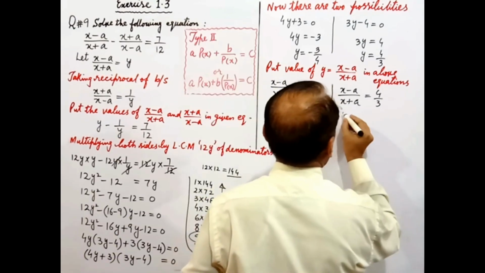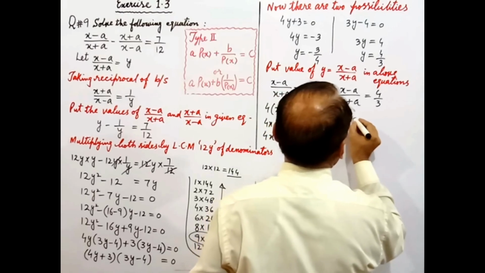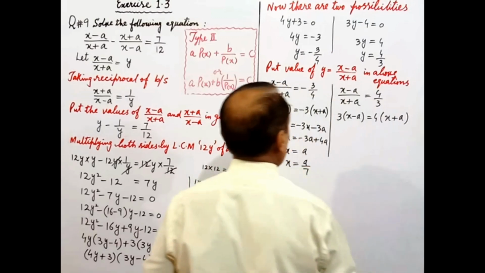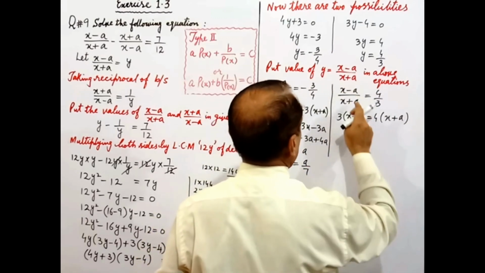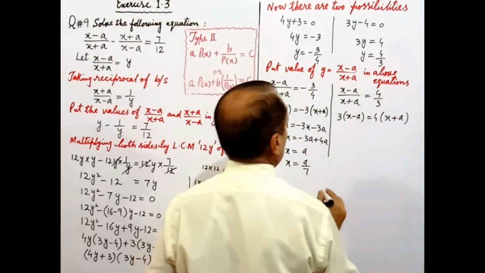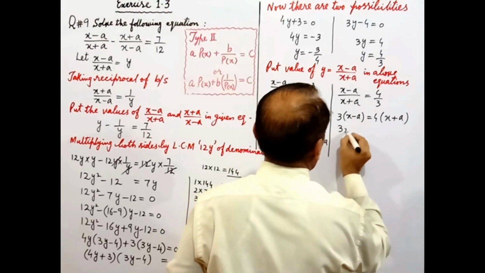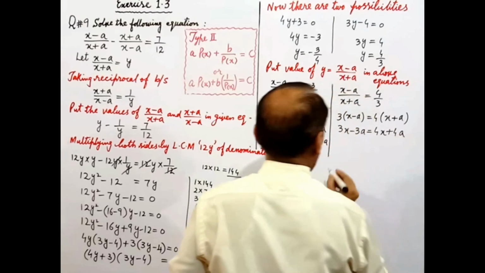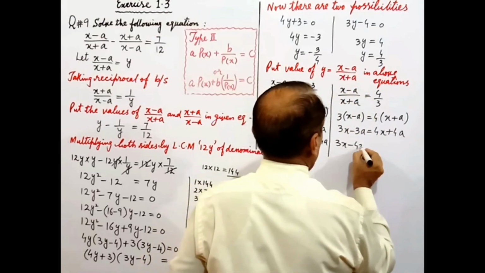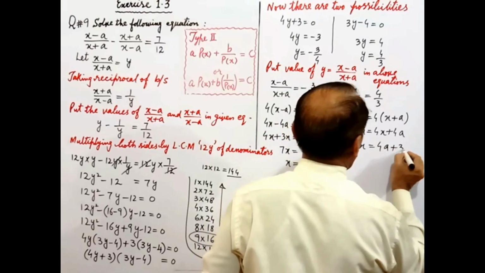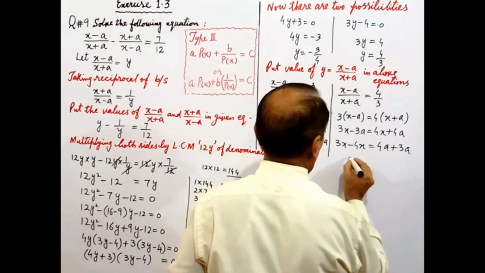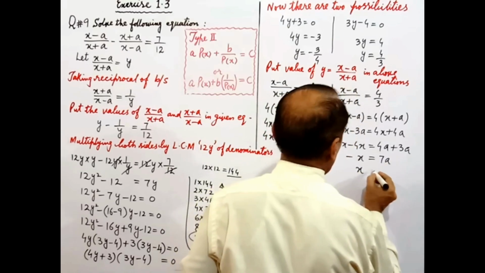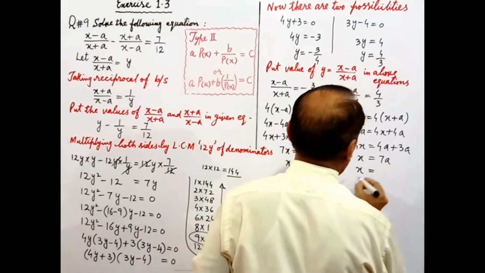For the second possibility, we have 3 into (x minus a) is equal to 4 into (x plus a) by cross multiplication. 3 is multiplied to the numerator of the left hand side and 4 is multiplied to the denominator of the left hand side. So 3x minus 3a is equal to 4x plus 4a. 3x minus 4x is equal to 4a plus 3a. 3 minus 4 is minus x is equal to 7a, and minus 1 is taken to the right hand side.